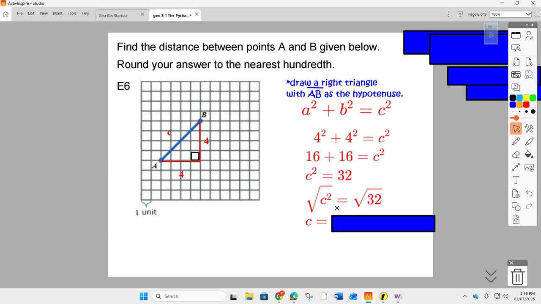So we're either going to keep 5.65 or 5.66. Which is it going to be? It's going to go up to 5.66 because the number to the right of the place value we're rounding to is greater than 5. So that's how we know it's going to be 5.66 units long.